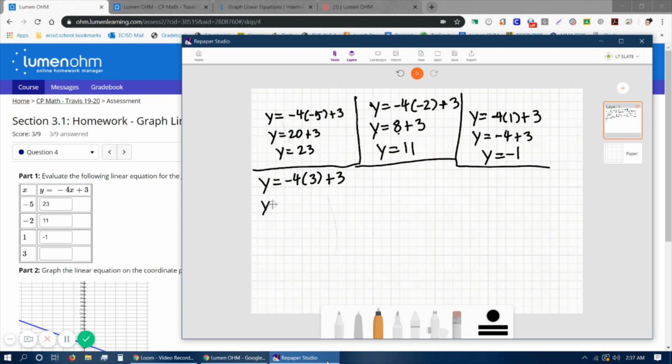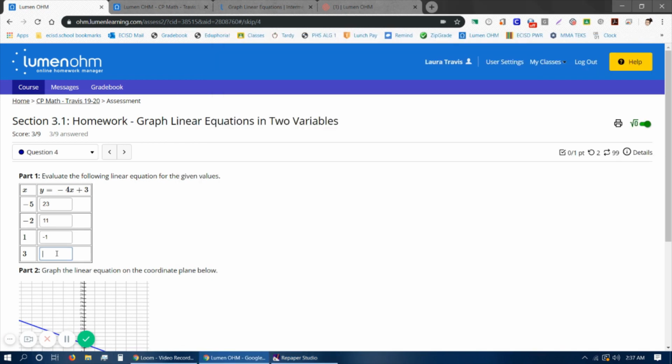So y equals negative 12 plus 3. Again, we're adding a negative and a positive. So if we start at negative 12 on a number line and move 3 places to the right, we will wind up at y equals negative 9. And that will be our last y value.